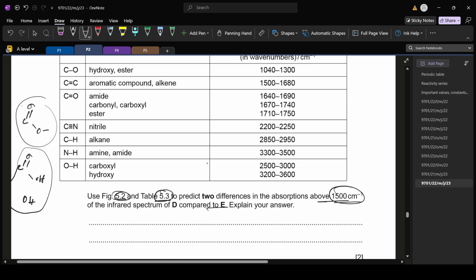Now what is the difference between D and E? D will have a peak of OH, and this OH is due to the hydroxy group, the alcohol group, and this OH is also due to the carboxylic group.